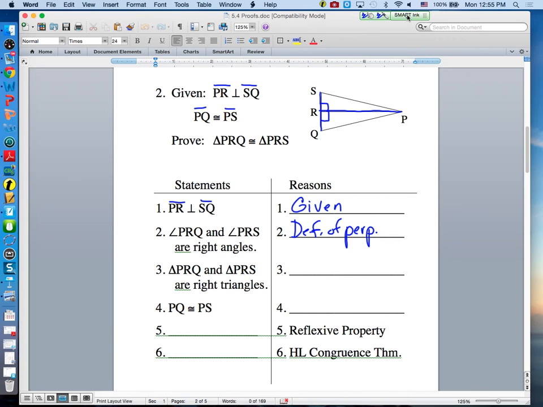Okay, how do we know that they're right triangles? What are right triangles? Okay, so if it's a triangle with a right angle, it would be a right triangle. So notice we just had some right angles. So would you be with them on the definition of a right triangle? That we have triangles with 90 degrees.